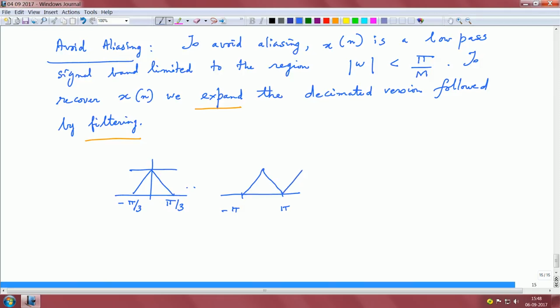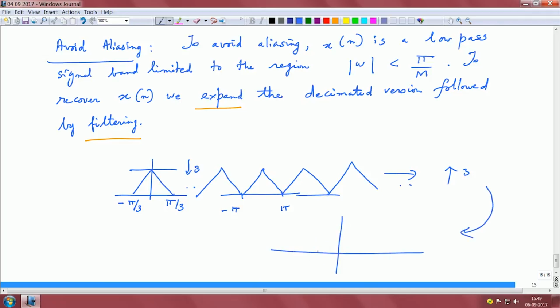So you may get things like this on either side, and when you expand, basically you would have a spectrum from minus pi by 3 to plus pi by 3.